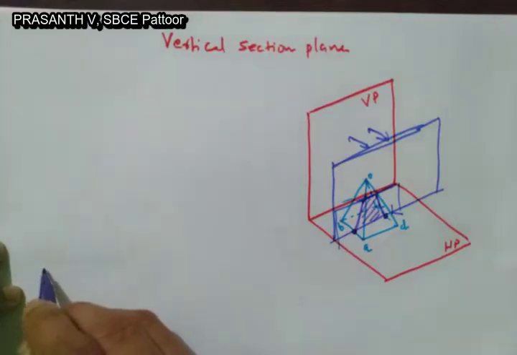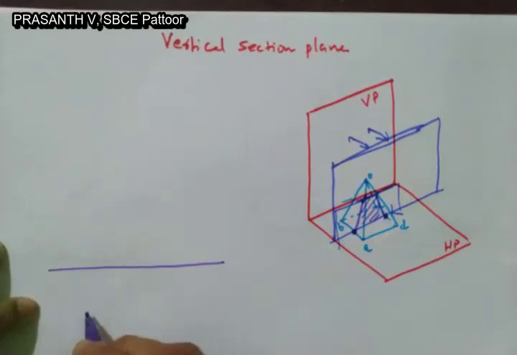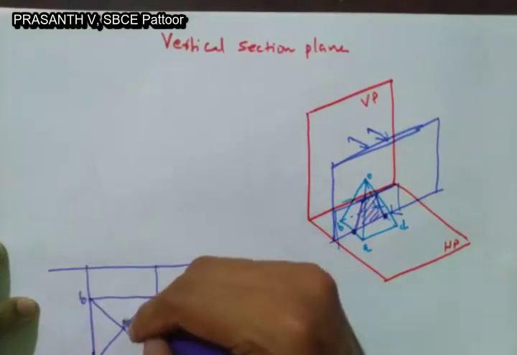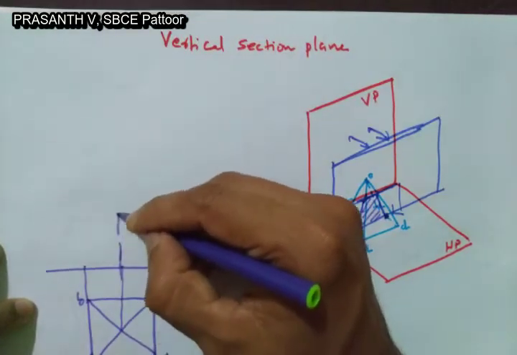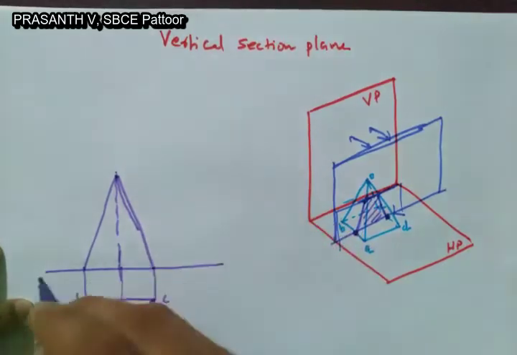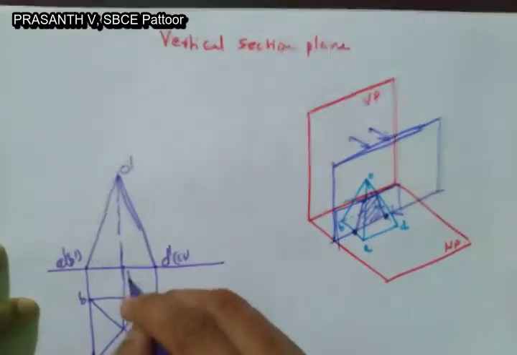Draw the XY line. Consider the square pyramid with slant edges A, B, C, D, and the dashed points a dash, b dash, c dash, o dash.